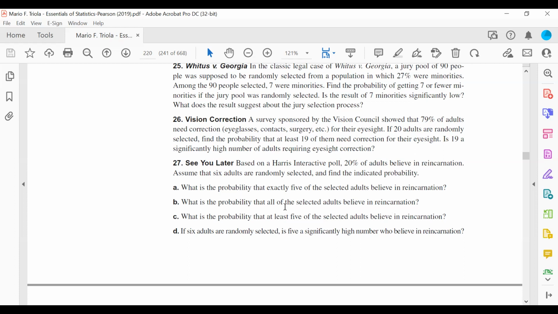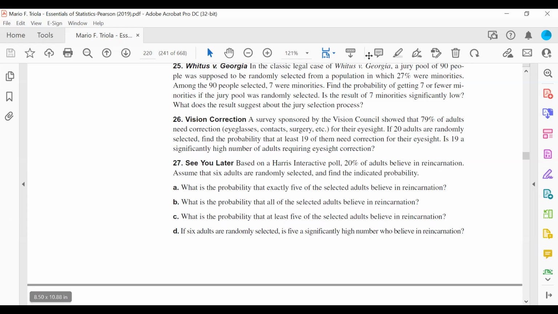That's what 20% is, right? And then I think A will give us our X. So A says, what is the probability of exactly 5? Okay, so I gotta find the probability of exactly 5.